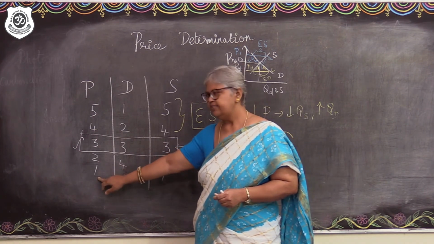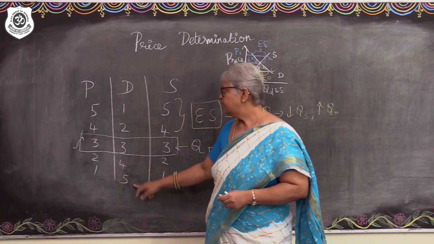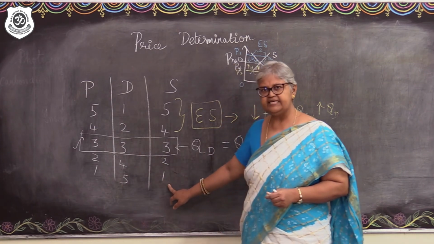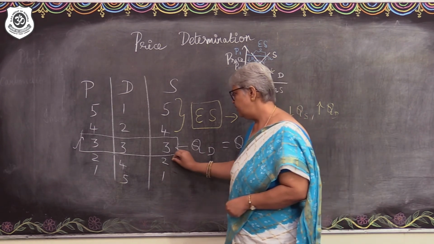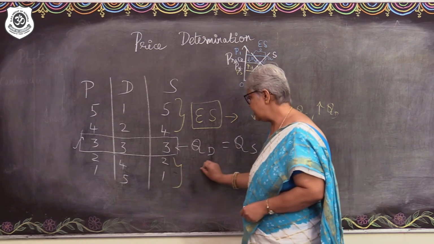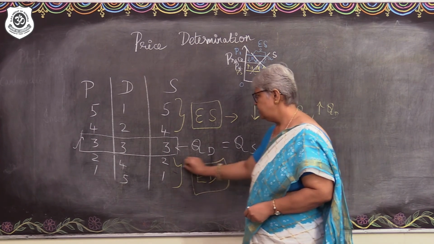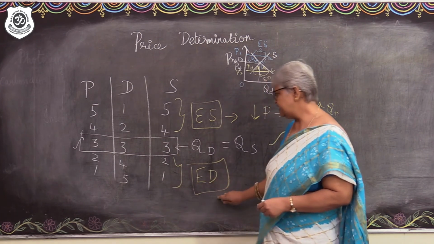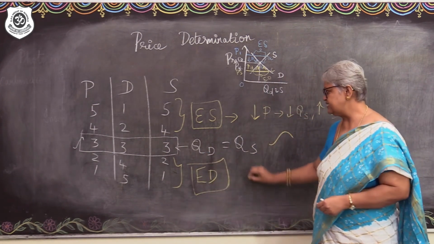And the next level, when the price is 1, the quantity demanded is 5 and the quantity supplied is 1. So what's happening here? Over here, we understand that there exists an excess demand, right? Can you see this? 4, 2, 5, 1. There exists an excess demand at these levels of prices.